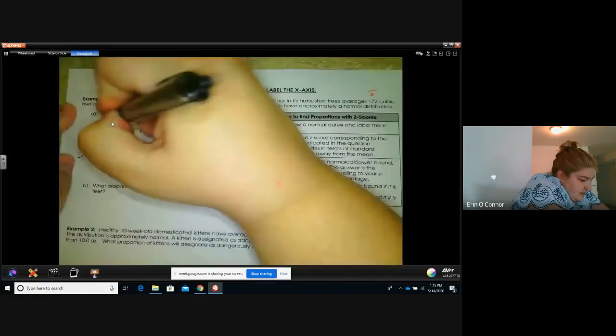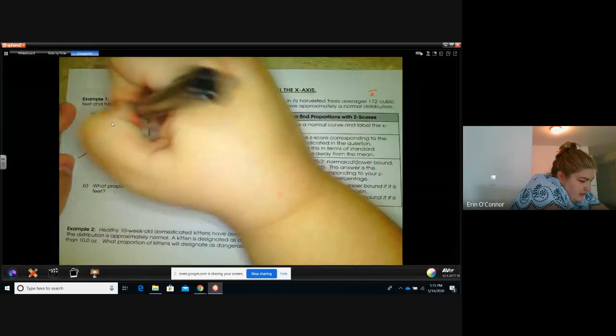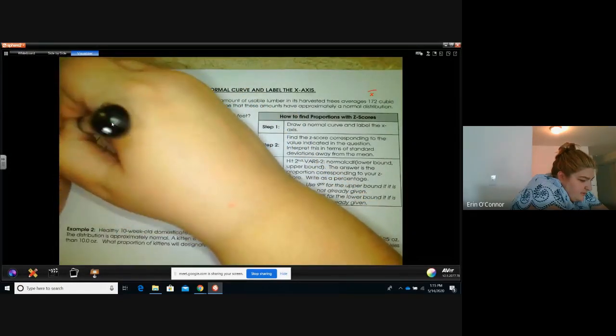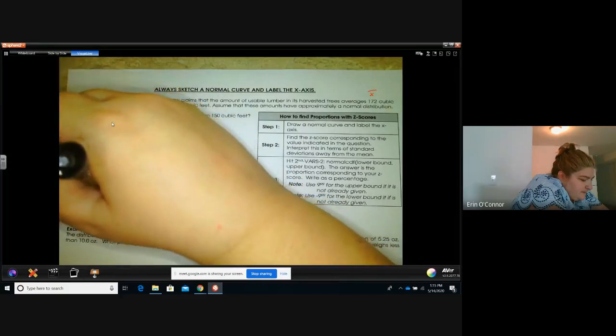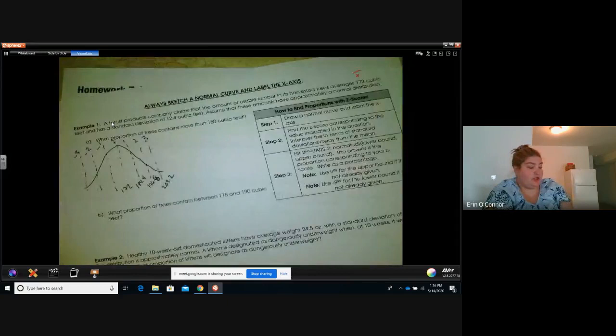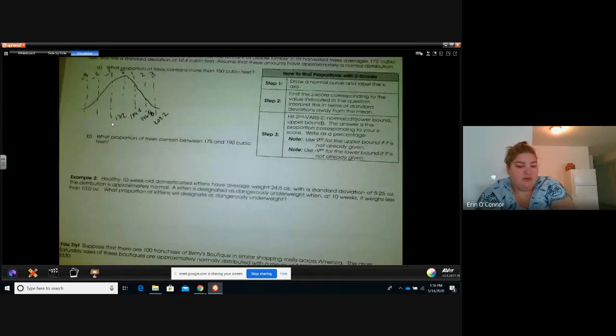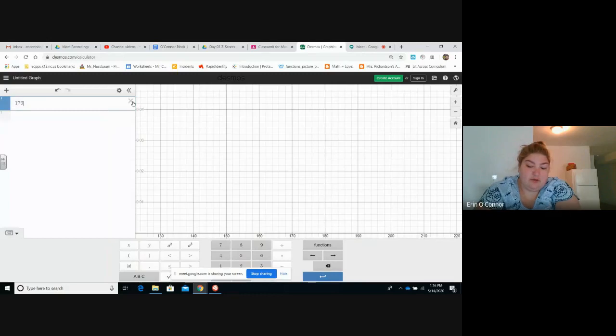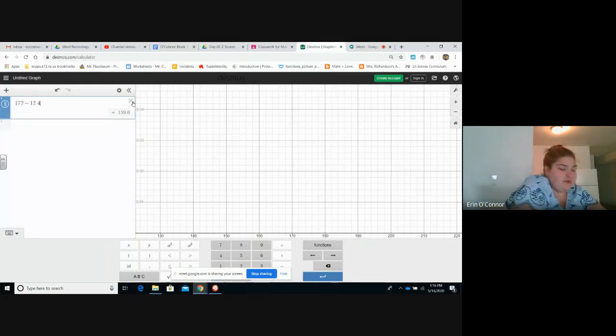So if this is the mean, this is 1, 2, 3. I need to do -1, -2, -3. And I am going to subtract 12.4 from each of these. So 172 minus 12.4 is 159.6.